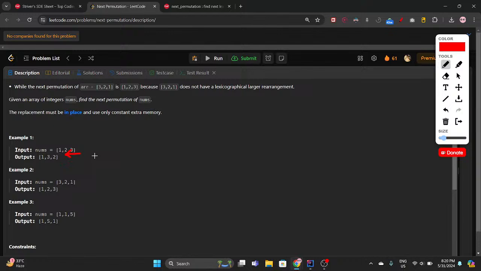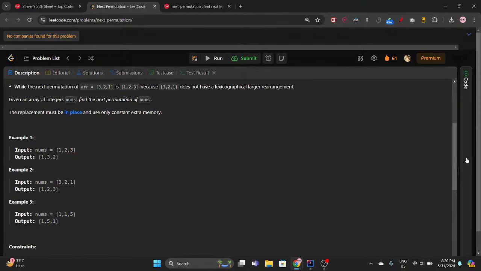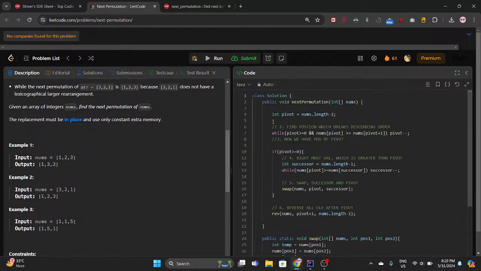So find a position which breaks the descending order. Okay, descending order, not ascending, descending it was. Now we have the pivot position. So that is our pivot, position 2.